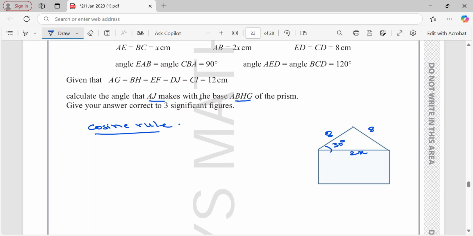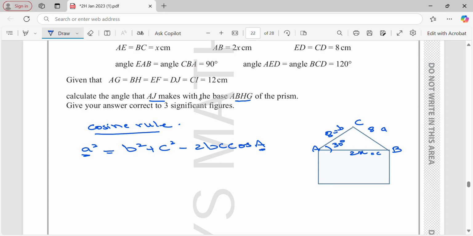It is given in the formula sheet, or if you remember it, just use it straight away. Let's say this is angle A, and the remaining sides are B and C.